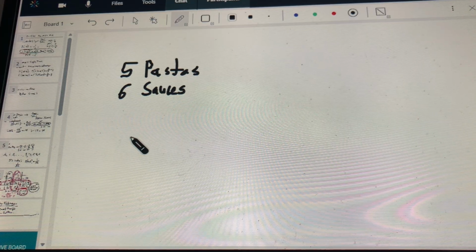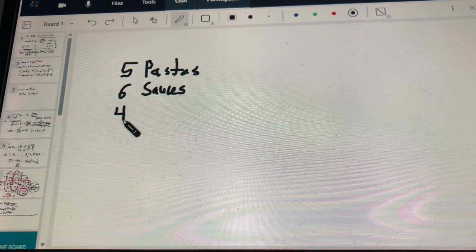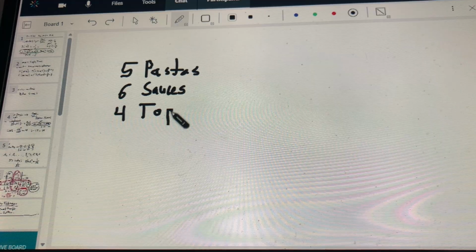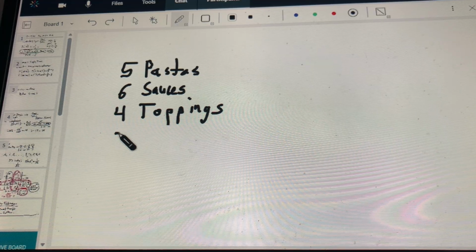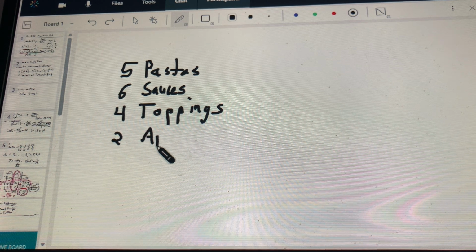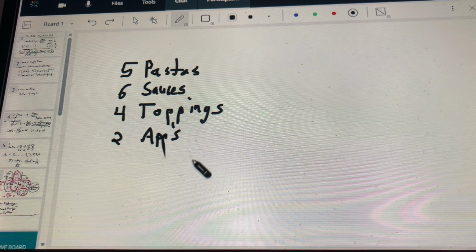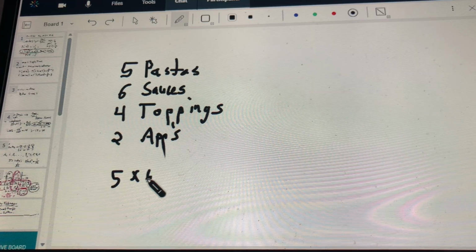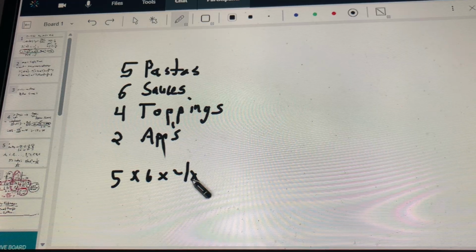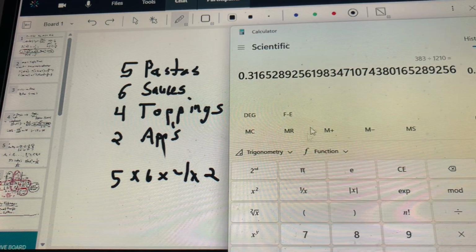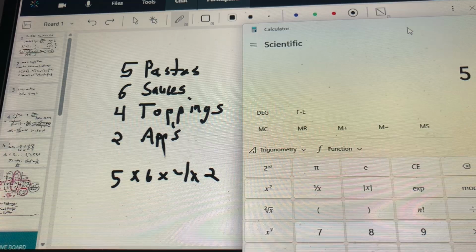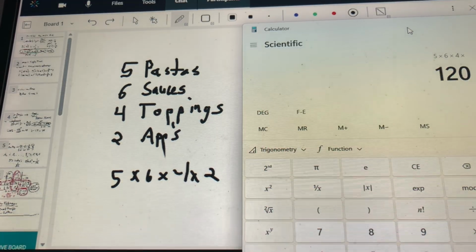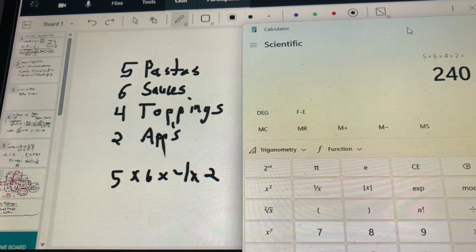I don't remember the numbers, but it was something like this. 1 of 5 pastas, 1 of 6 sauces. You could pick 1 of 4 toppings, like meatballs or chicken or shrimp. And then you could choose super salad, 1 of the 2 appetizers. And then how many meals are possible? Literally, you just do 5 times 6 times 4 times 2. It's that easy. That's why they put it on the junior high STAR test. 5 times 6 times 4 times 2, there were 240 meals possible.